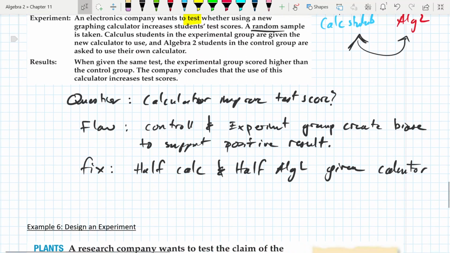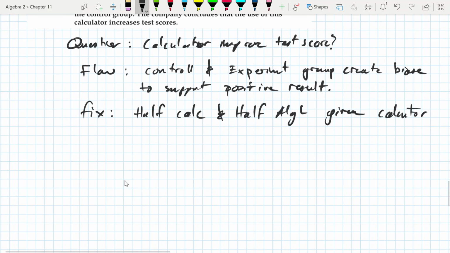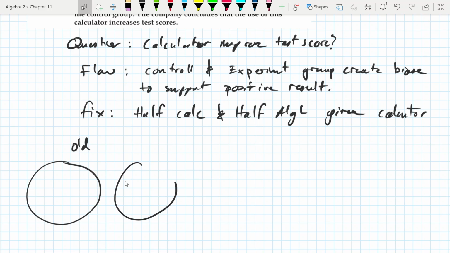So think of it this way. Let me draw a little Venn diagram for you. The old way: calculus, algebra 2. In here, new calculator, old calculator. Doesn't work very well.